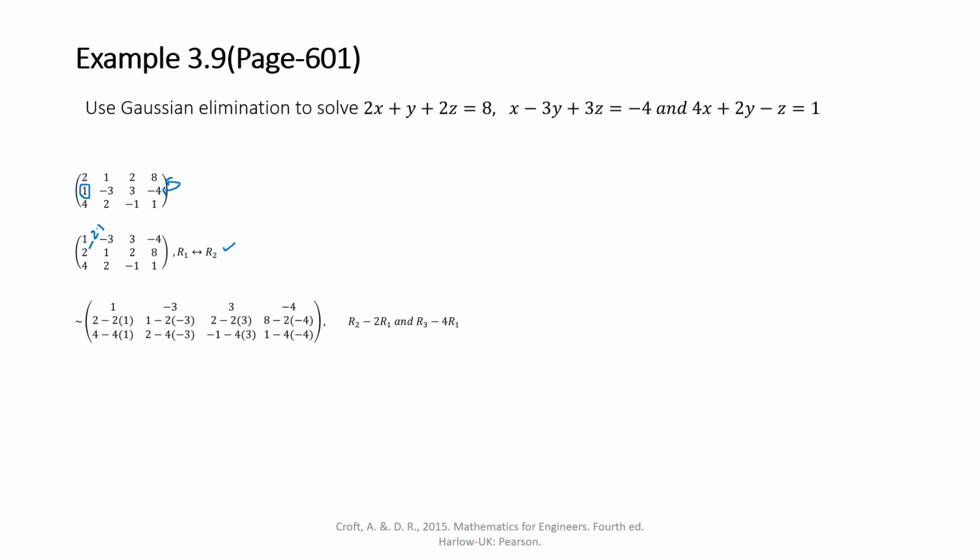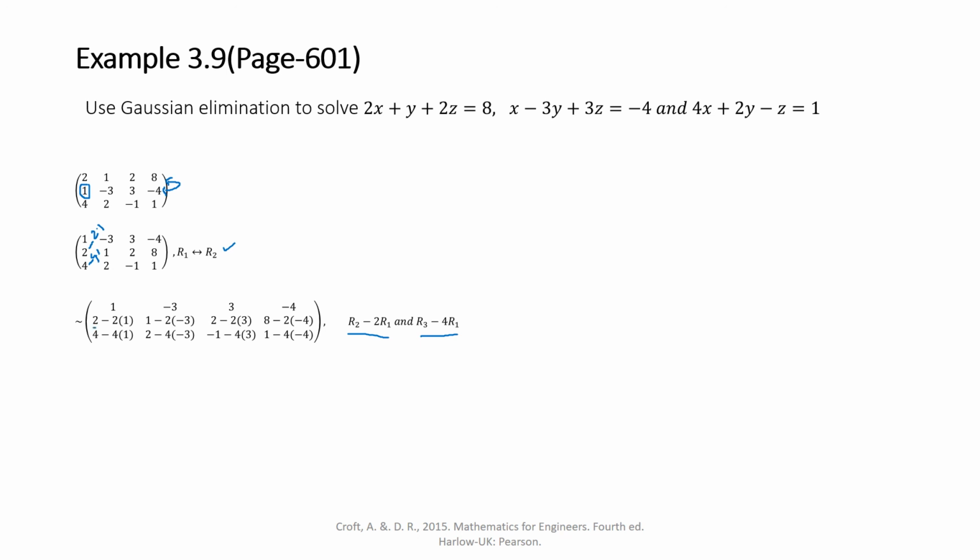Similarly, we can make it 0 if we subtract from it the first row multiplied by 4. So look, second row minus 2 row 1 and third row minus 4 times row 1.